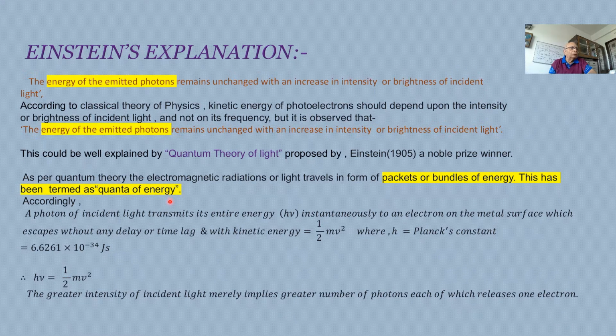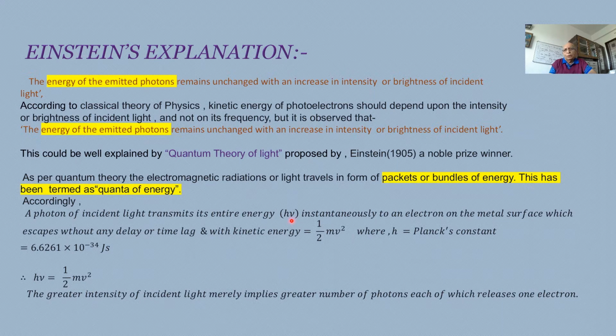quanta of energy. Accordingly, the photon of incident light, what happens? The bundles of energy which strike over the metal surface through the light is represented as per quantum theory by h nu.